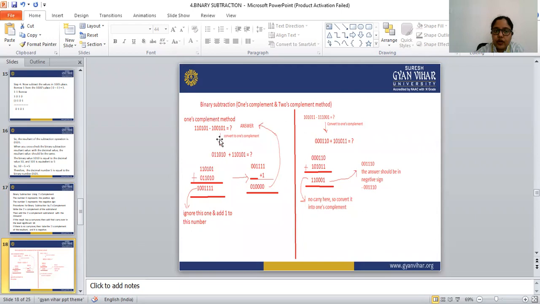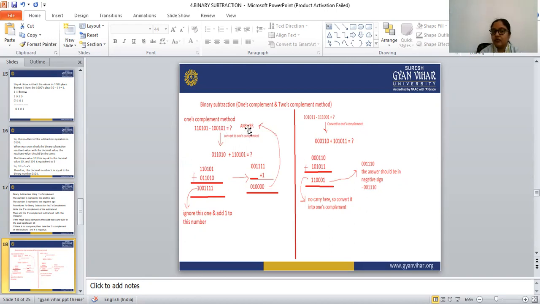First we have to consider the second number, the subtrahend. What we have to do with this second number is convert it into its ones complement.